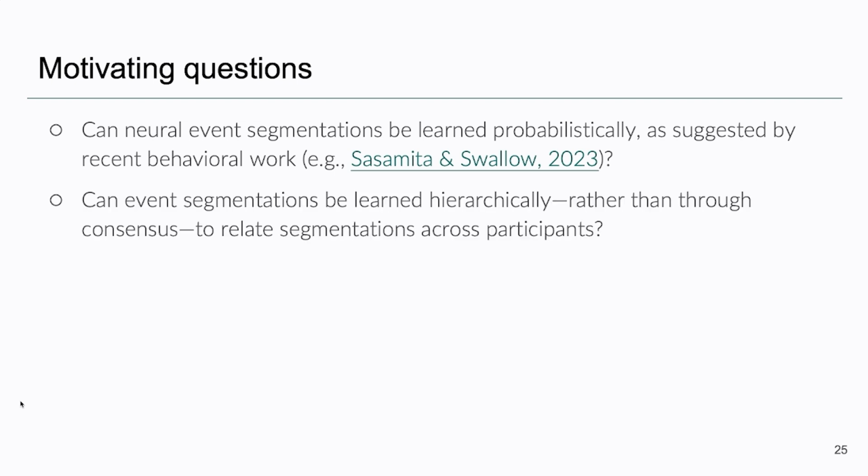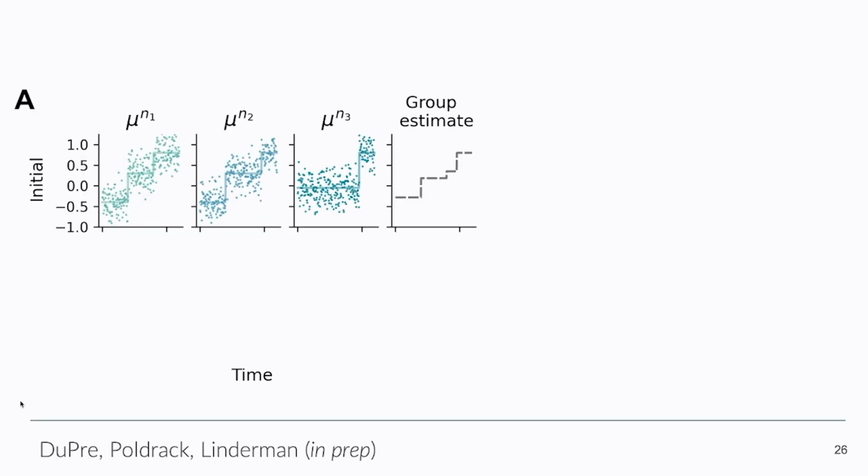We also wanted to learn, similar to some of the work that Ruby showed earlier, whether segmentations could be learned hierarchically rather than through consensus, to relate segmentations across participants and constrain the estimates that we learn, in hopes of being better able to transfer them to new contexts. So I have some very preliminary work here, and I'm just going to walk you through it.